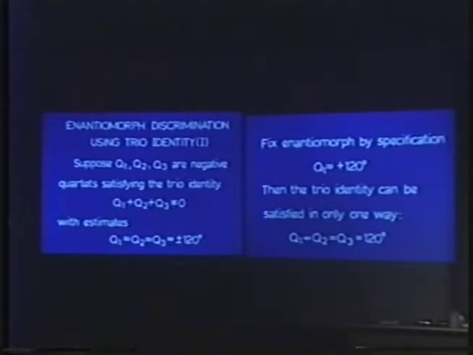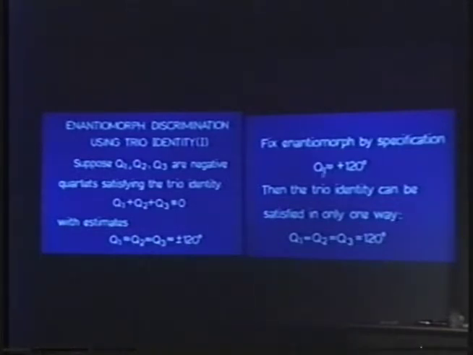Well, I'll assume, as I did on the previous slide, that we have initial estimates equal to plus or minus 120 degrees, the cosines of 120 degrees being negative, which is, of course, consistent with the fact that these are assumed to be negative quartets. And I'll assume for simplicity that all values are plus or minus 120 degrees.